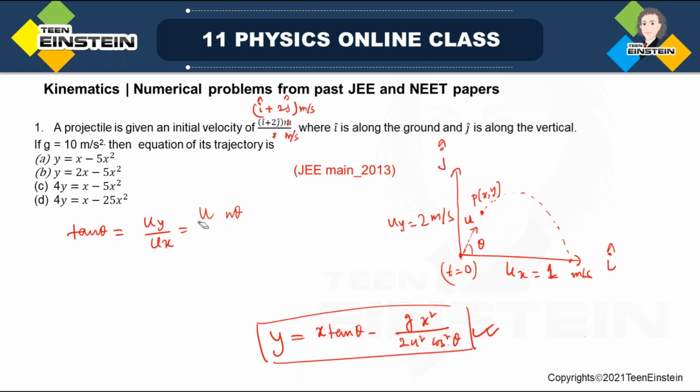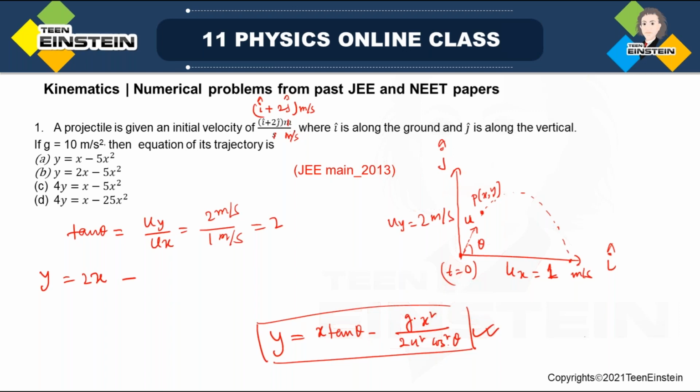So I'll be getting tan theta if I just say uy is 2 meter per second and this is 1 meter per second. So this is a dimensionless quantity 2. So tan theta is equal to 2 we have got. So y is equal to x tan theta, into 2, so it will be 2x. So this part is gone.